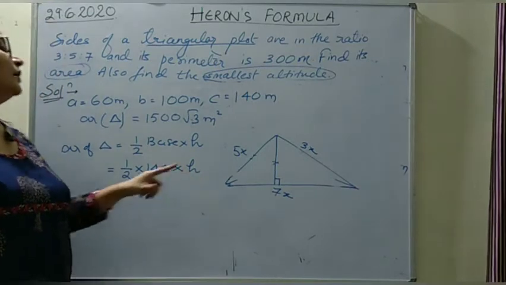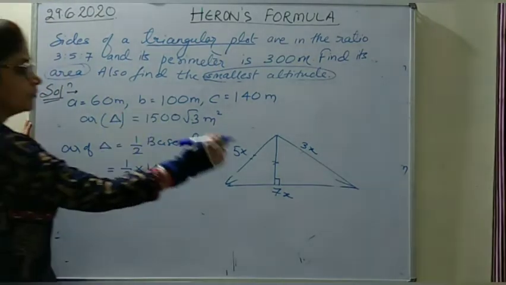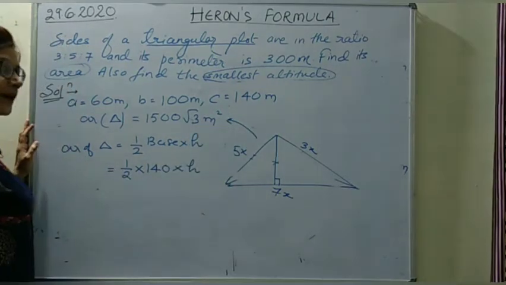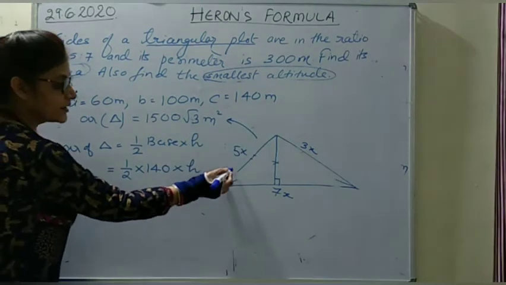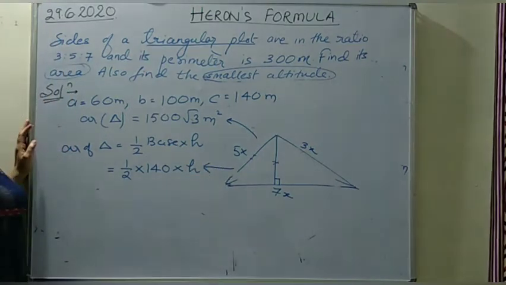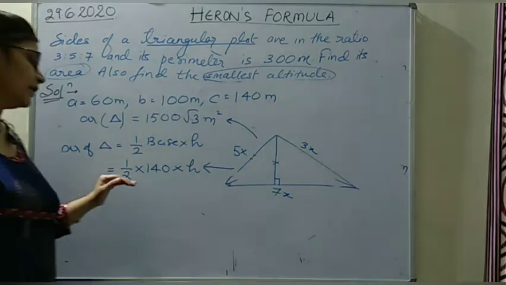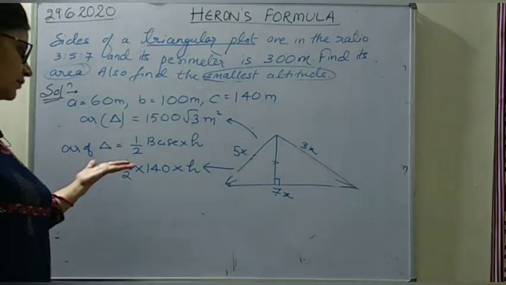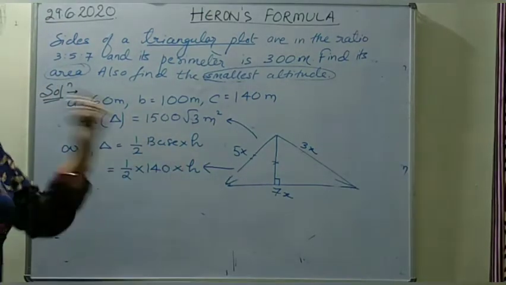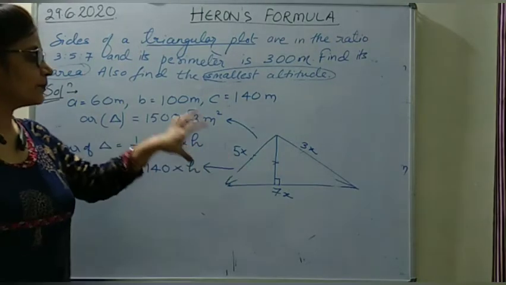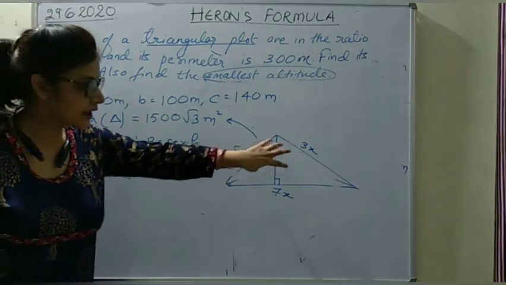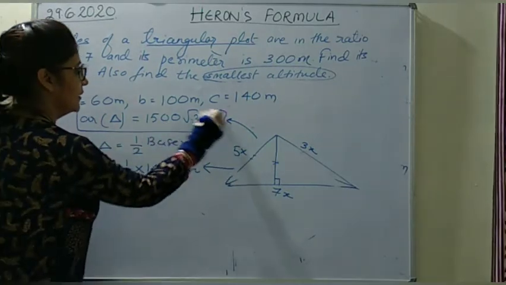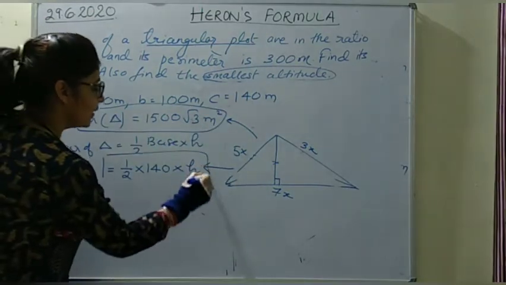Question clear? Now, for this triangle, this is the area by Hero's formula. And for the same triangle, this is also the area by the formula in which altitude and the base are used. Both are representing the area of the same triangle. Hence, these two should be equal.